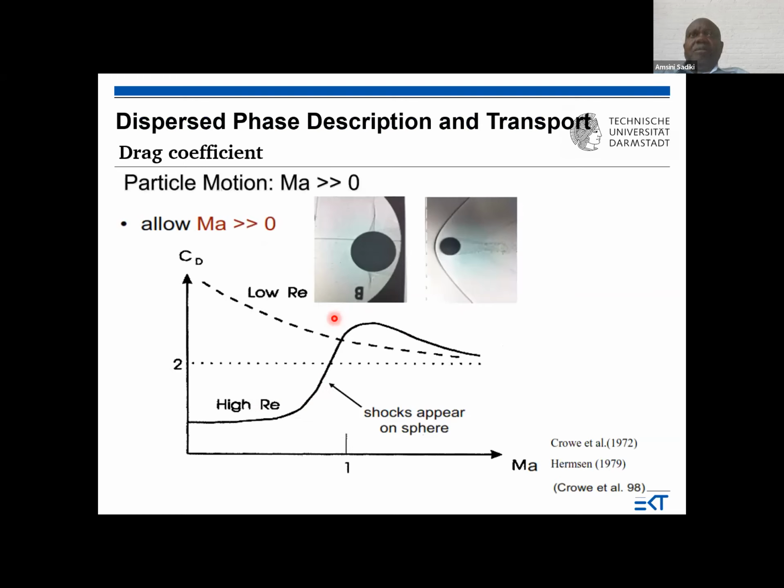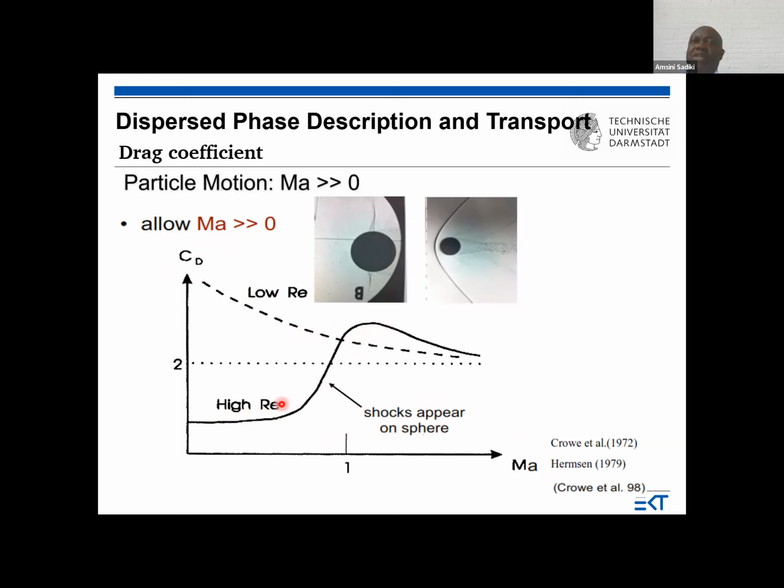So for high Mach number, we can see also compressible flows. So we have also the evolution of the drag coefficient as a function of the Mach number. For low Reynolds number, it is in this form. And for high Reynolds number, where shocks appear, we have a large change.